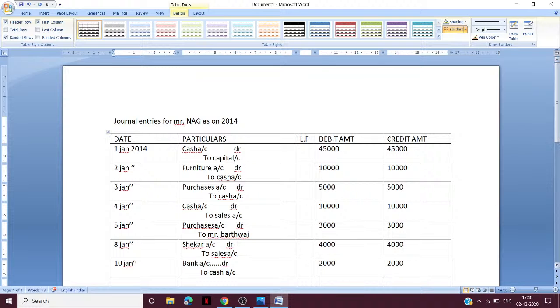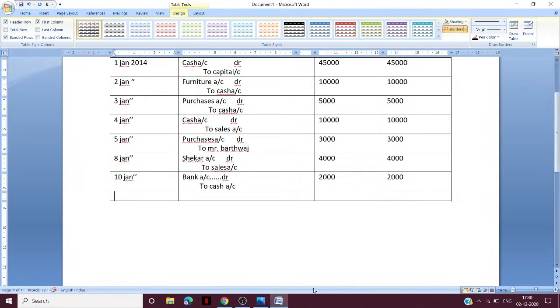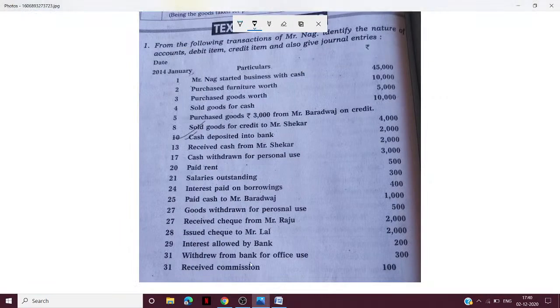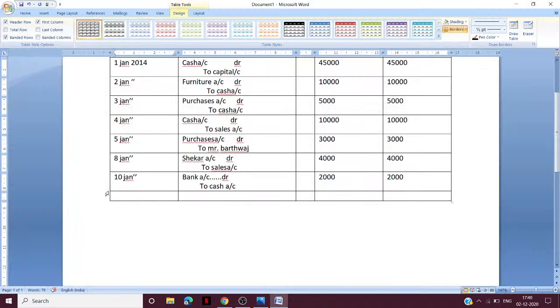What is the next transaction? Received cash from Shaker. What we are getting, what is coming in, cash is coming in. So cash account to Mr. Shaker account. On 13th January the transaction has taken place.